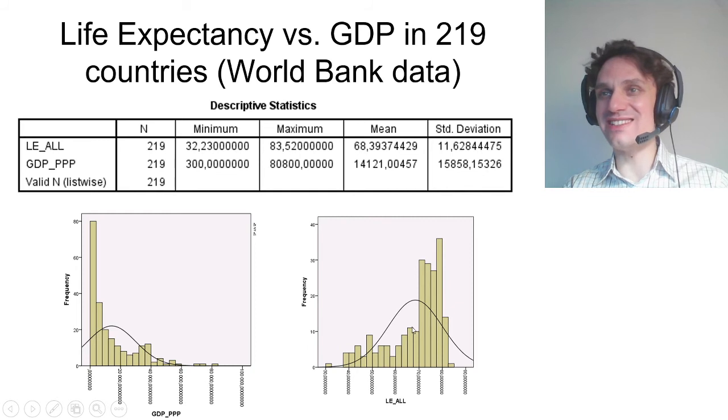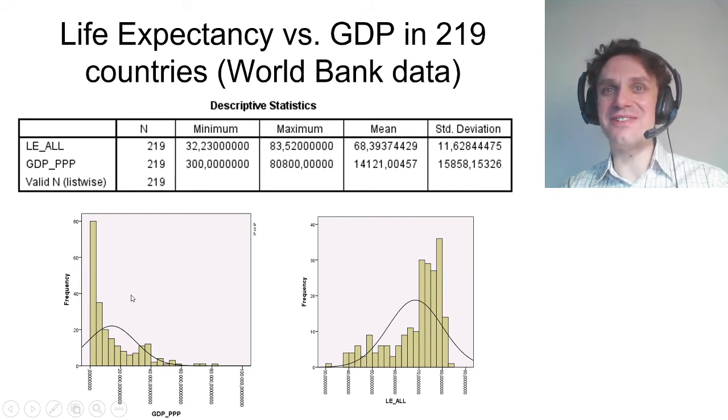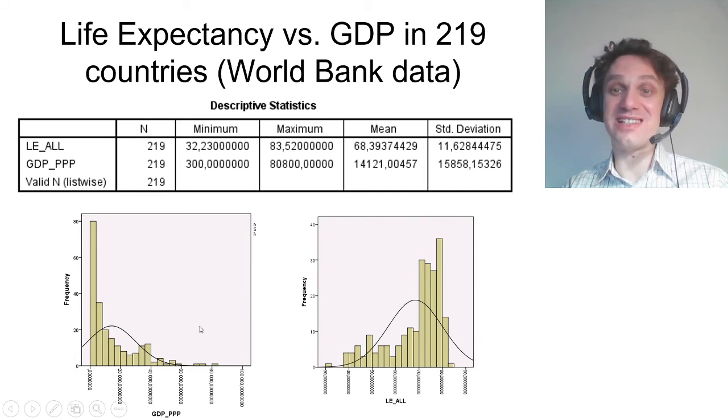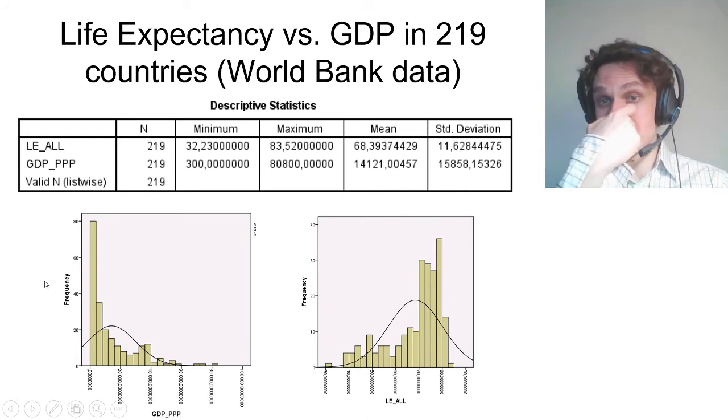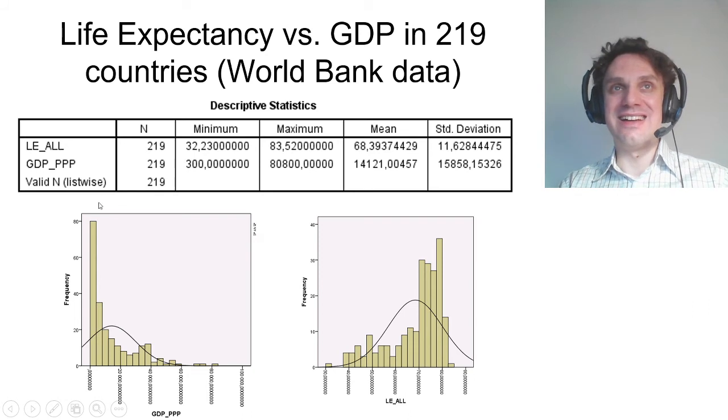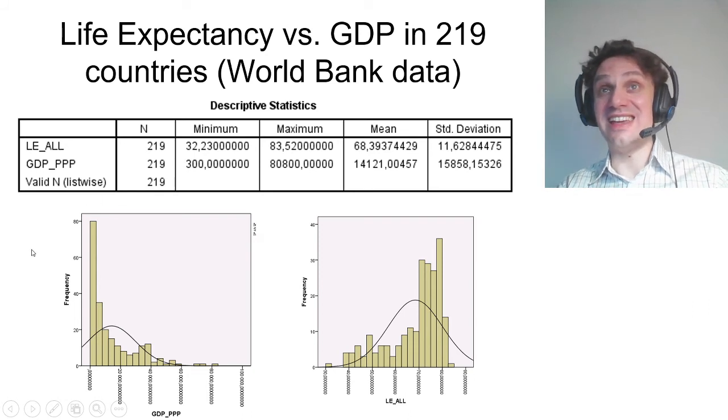So just to use an extreme example, let's take a look at those two variables. Clearly non-normally distributed: life expectancy in different countries, and gross domestic product adjusted for purchasing power for these countries. So obviously not normal distributions, and in economics this is often the case.